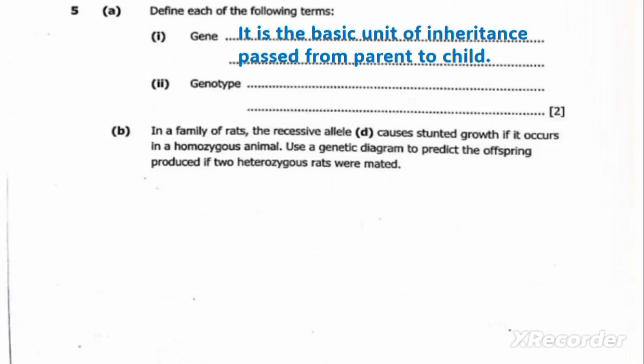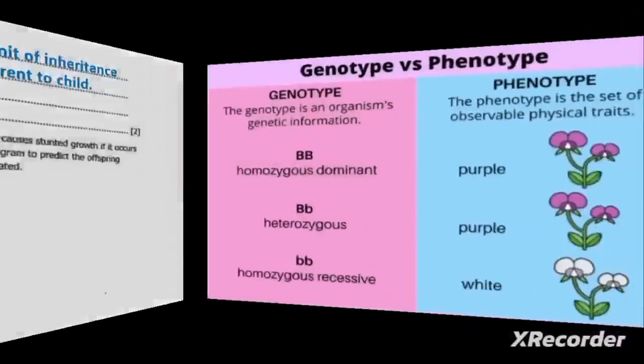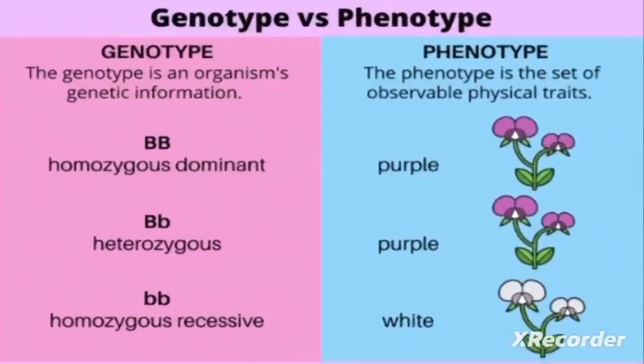5A, Roman numeral 2, the genotype. So genotype is the genetic makeup, something that we cannot see. To understand genotype properly, we are going to compare genotype and phenotype. The genotype is an organism's genetic information, while phenotype is the set of observable physical traits.